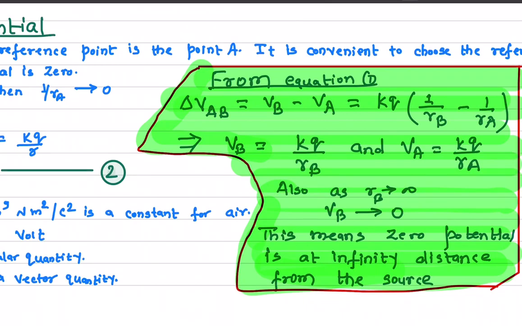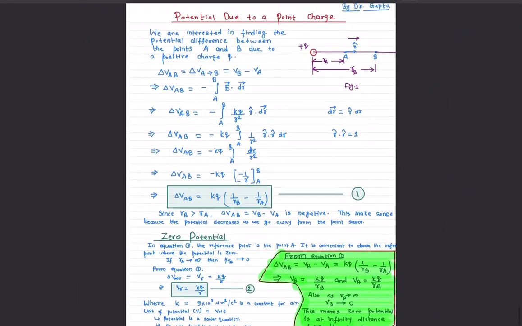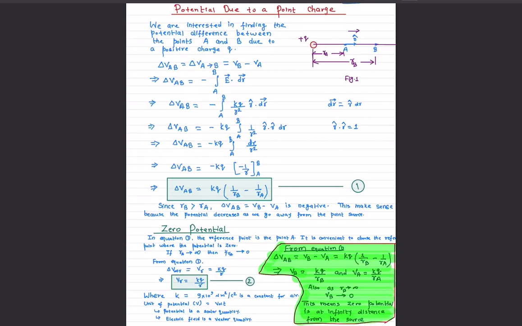That means the zero potential is at infinite distance from the source. That is our reference point. When you go very far from the point source, you won't be affected by the charge. So this is it for the potential due to a point charge.